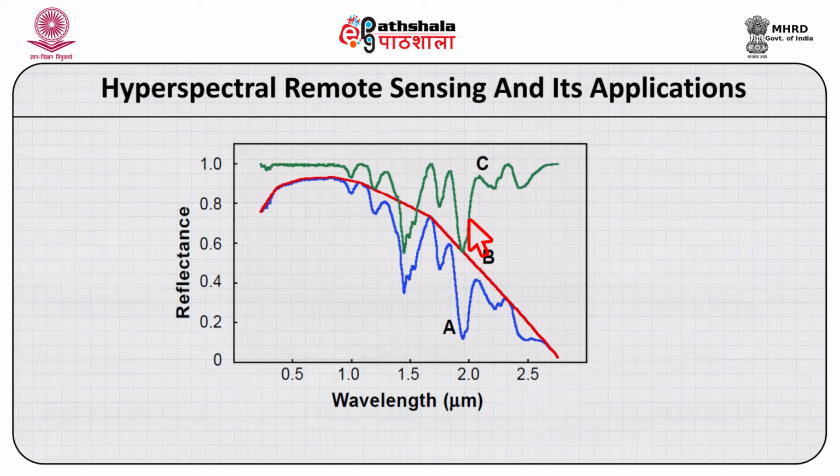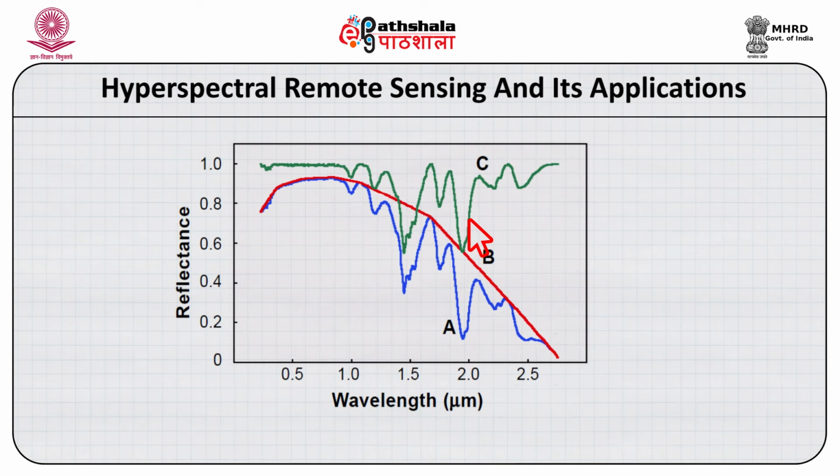We try to match whether this gypsum matches with signature A, B or C. That is the spectral matching method. We match with the spectral library and can identify what kind of mineral it is, which is gypsum, which is calcite, and so on.